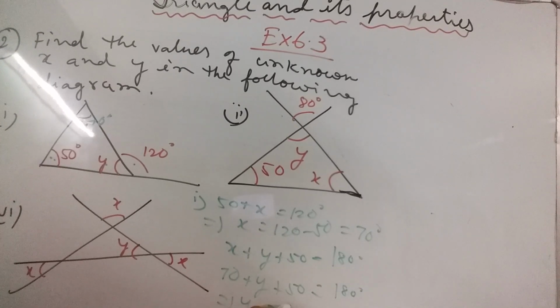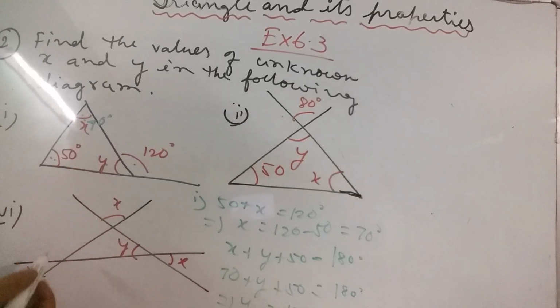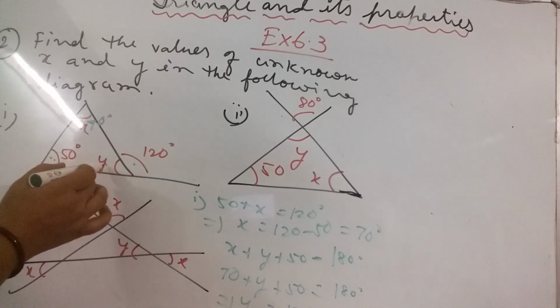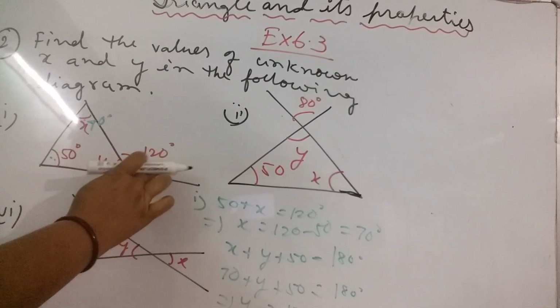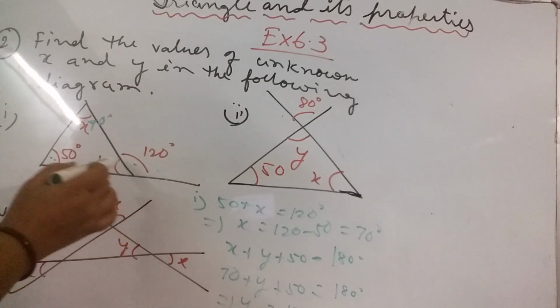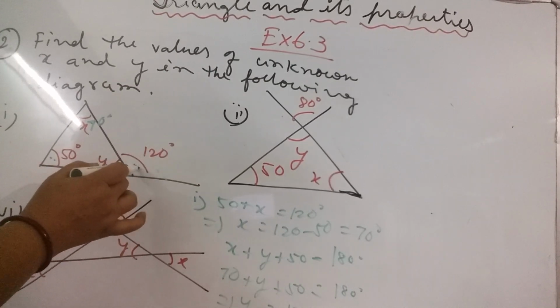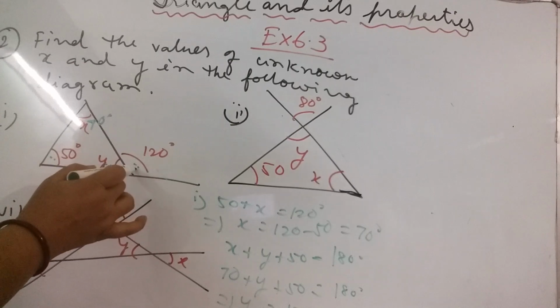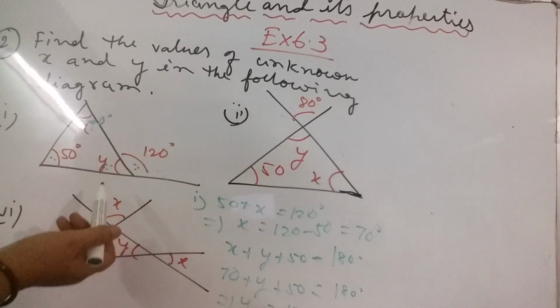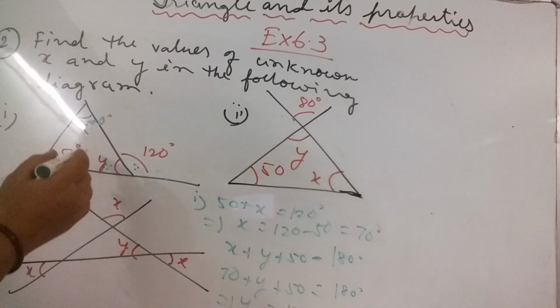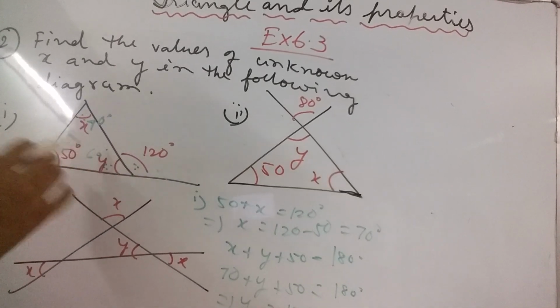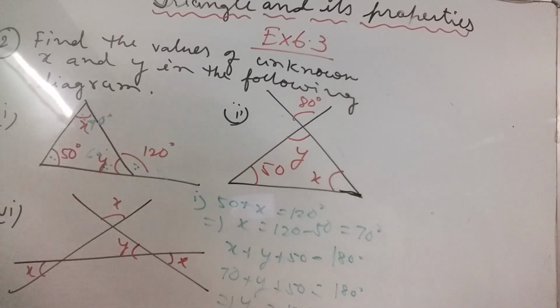So y equals 180 minus 120, that is 60 degree. Another way you can find it: this angle y and this angle 120 are a linear pair, so they will make 180. So y plus 120 equals 180, so y will be equal to 180 minus 120, so it will be 60 degree. This way also you can do.